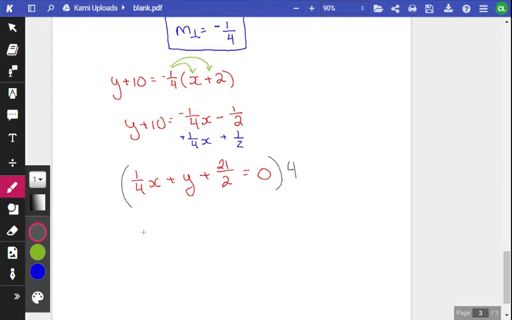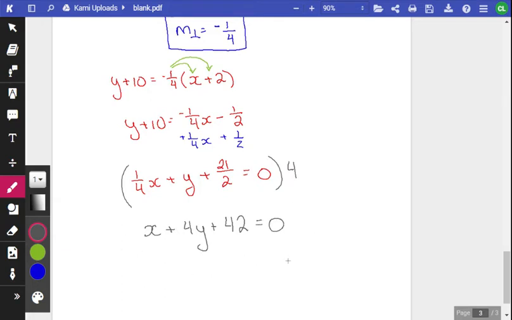So 1/4 times 4 is just going to leave me with x. 1 times 4 is going to leave me with 4y. Plus 21 times 4 divided by 2 is going to give me 42 equals 0.